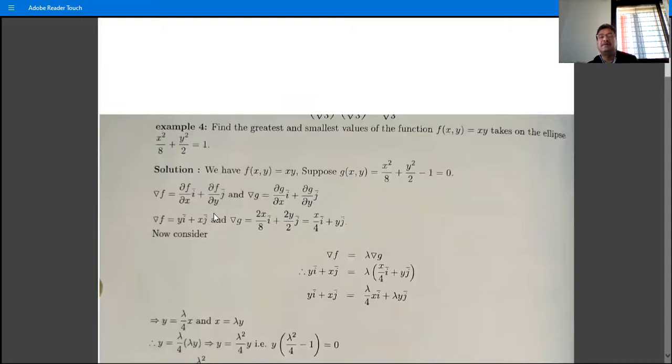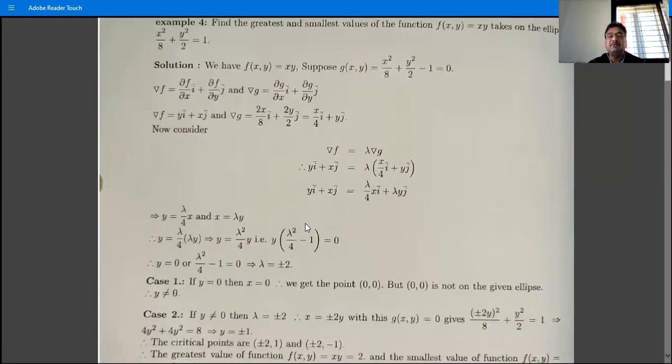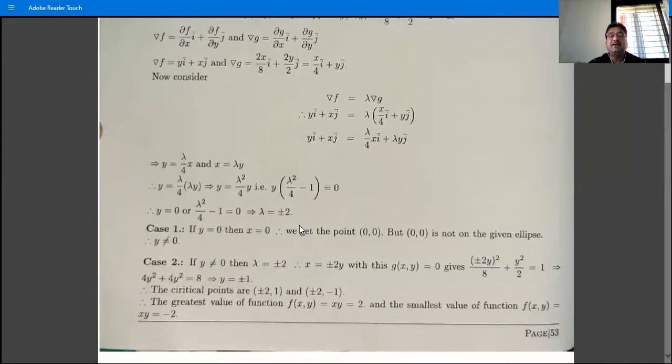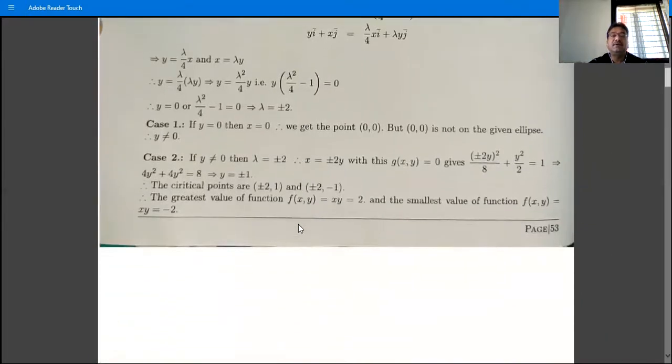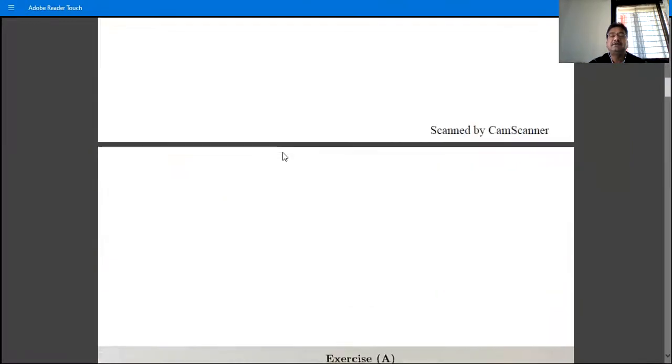Then construct the auxiliary function capital F is equal to small f plus lambda into this condition, and then differentiate with respect to x, y, lambda, equating with 0. These are equation numbers 1, 2, 3, 4. Then apply the procedure and find the values of x, y, z. So don't use the other method, use the previous method.